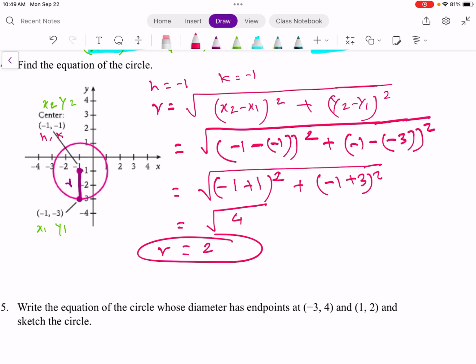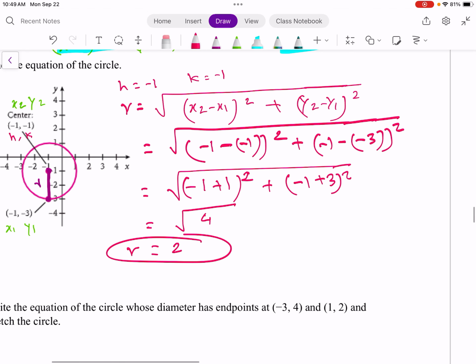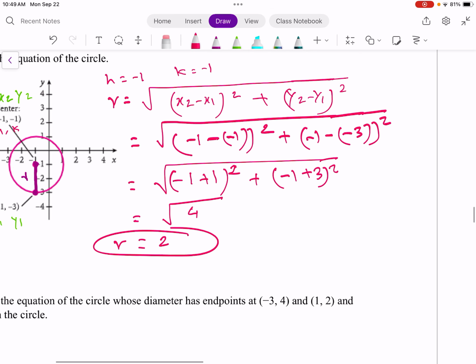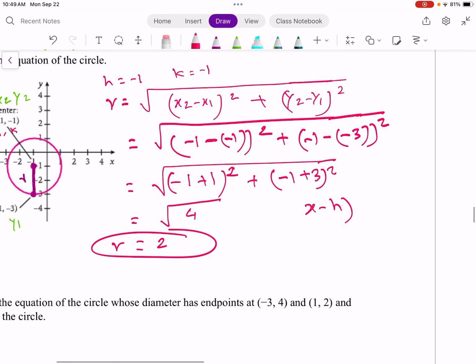Our target is finding the equation of the circle. Now what do we use? We use the standard form of the equation of a circle: (x − h)² + (y − k)² = r².